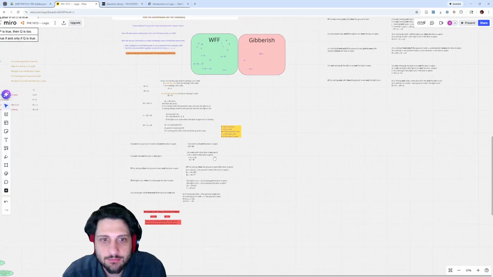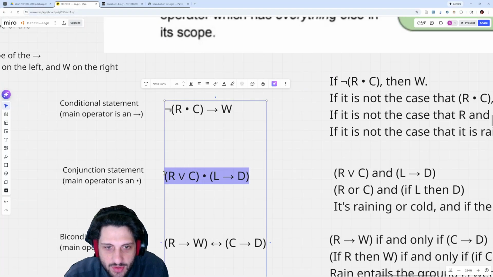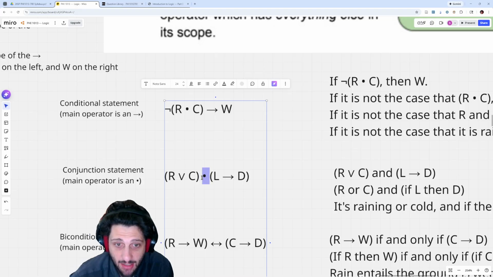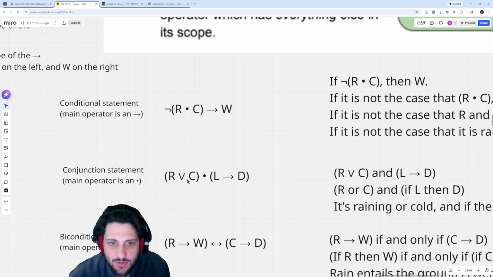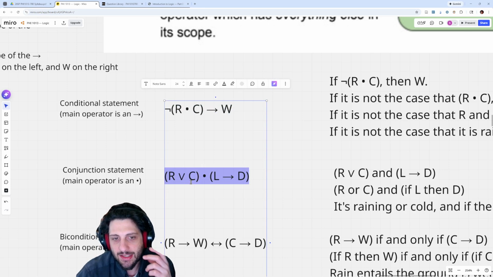So if we look up here on this statement, the and is the main operator, because it sees the entire left side and the entire right side. As we're doing this, we're going to get the truth value of the entire statement by finding out the truth value of that main operator.